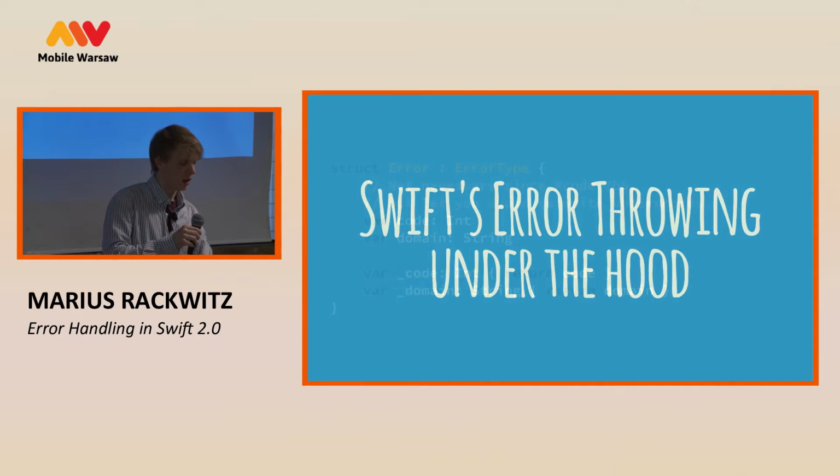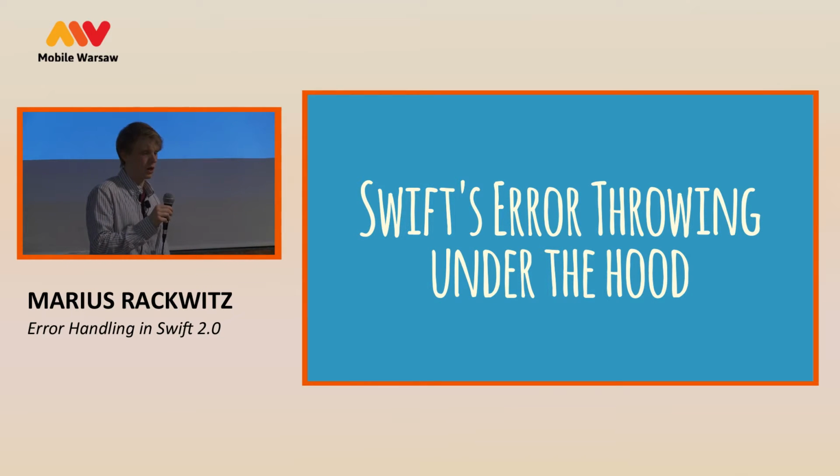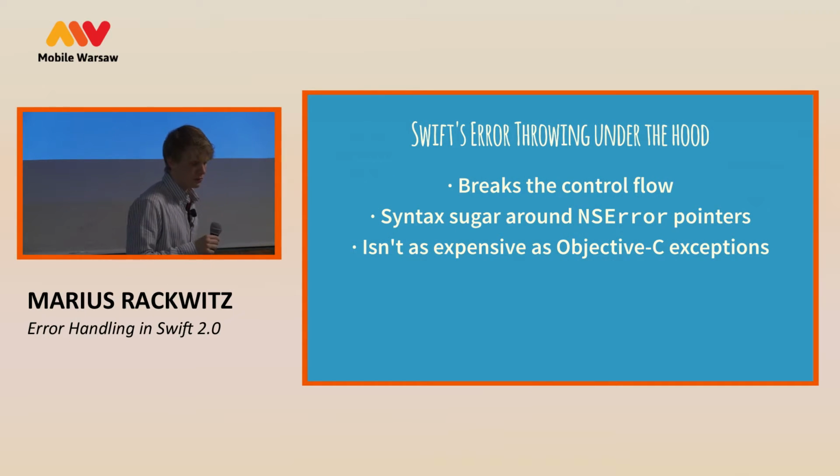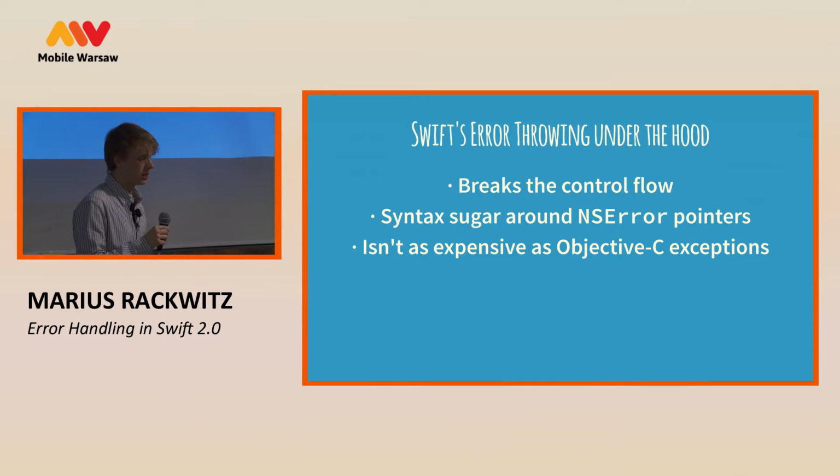But as we were figuring around with the disassembly, we can stay there a little bit and take a look at how this new error throwing, which is baked into the language, works under the hood. Here's a little overview of the properties of Swift error handling first. It breaks the control flow.